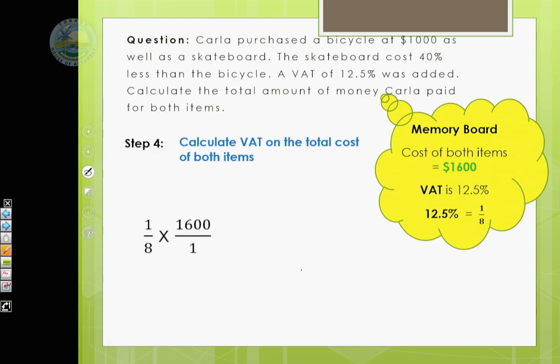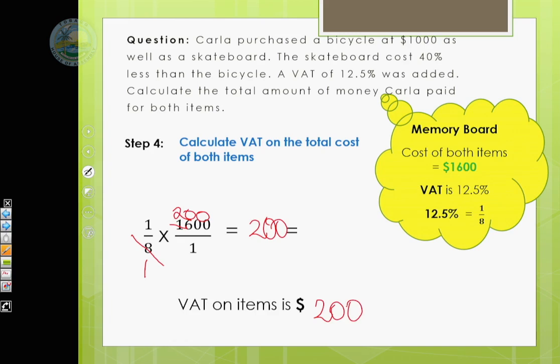Both items cost $1,600 together, and VAT we know is equal to 1/8. 8 into 16 is 2. 8 into 0 is 0. 8 into 0 is 0. So our VAT is $200.